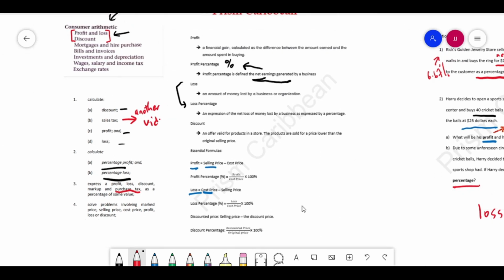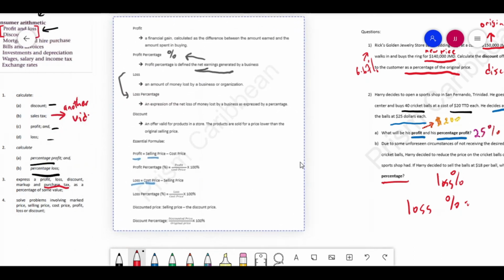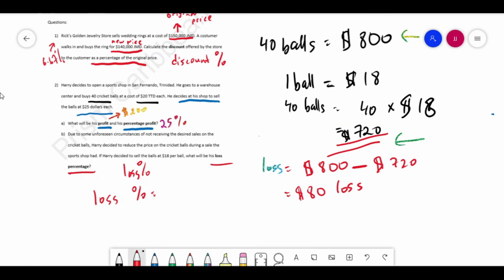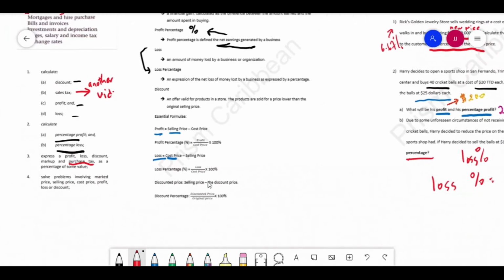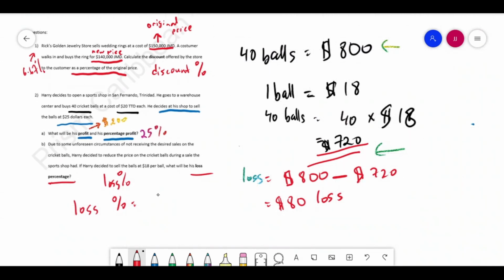What this simply means is that we take the loss which we found, which was $80, and we put it over the cost price and multiply by 100%. The cost price, which was the price he bought the balls for, was $800. So this will be 80 over 800 multiplied by 100%.